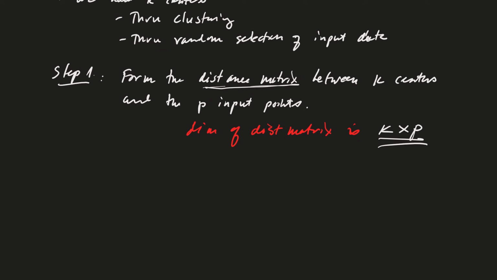And so if D is our distance matrix, then Dij is the distance between which 2 points? The ith center, because the i is running from 1 to K, and the jth data point, because j is running from 1 to P. Good. All right.